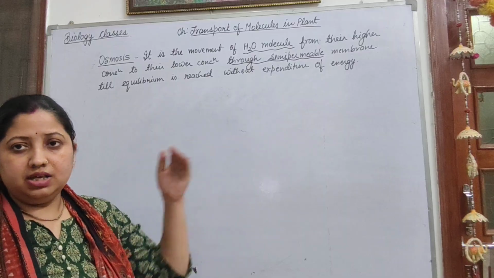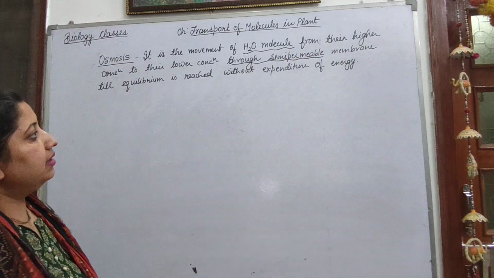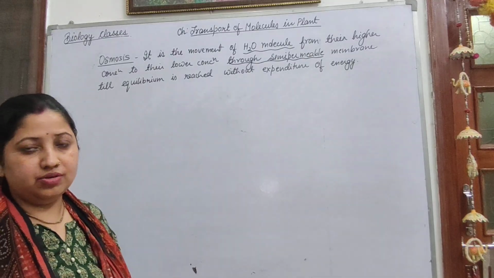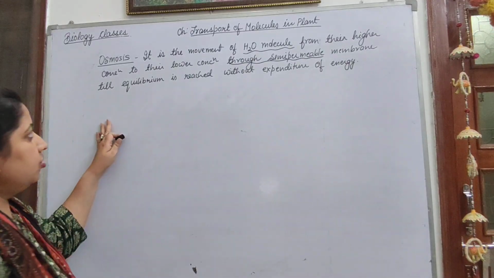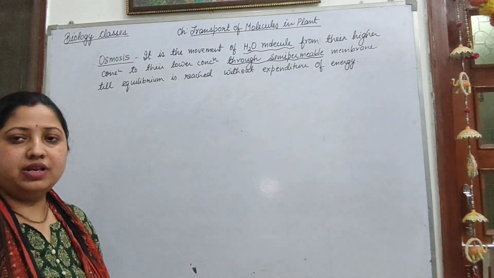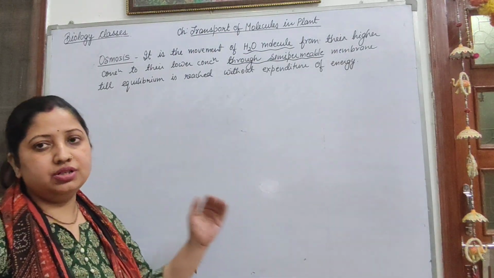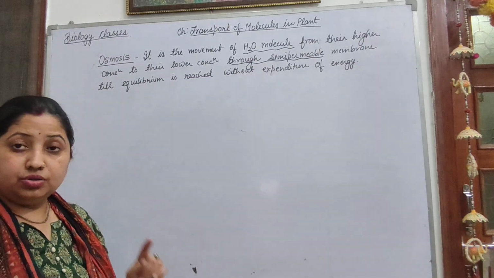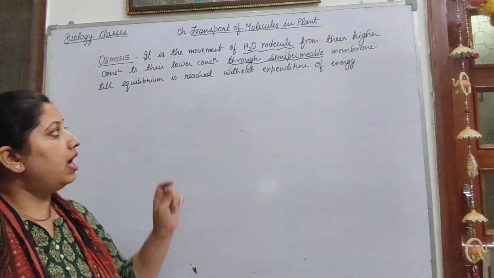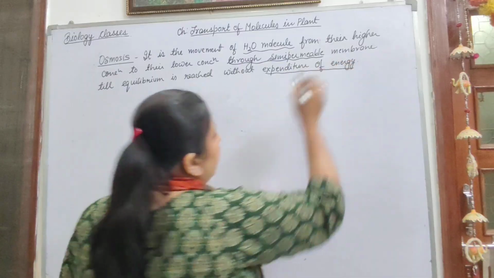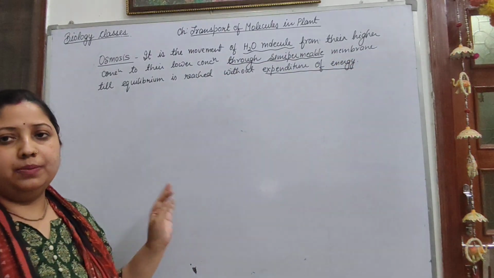The rest of the conditions are the same as in diffusion. So osmosis is again a passive transport without expenditure of energy, from higher concentration to lower concentration through a semi-permeable membrane, till equilibrium is reached.